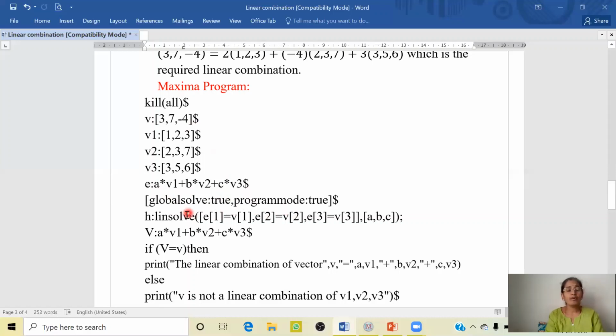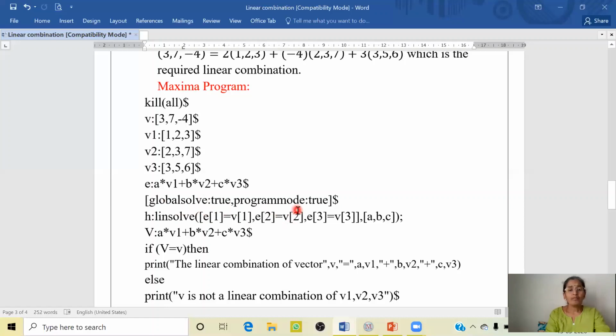What is this globalsolve? Globalsolve is the command where, when globalsolve is true, as given here, it solves all the variables, that is A, B, C, and they are bound to their values in the solution of the equation. That is, the solution will be fixed when globalsolve is true.